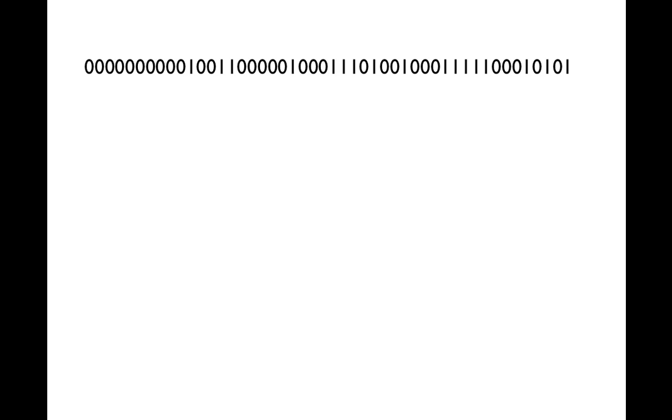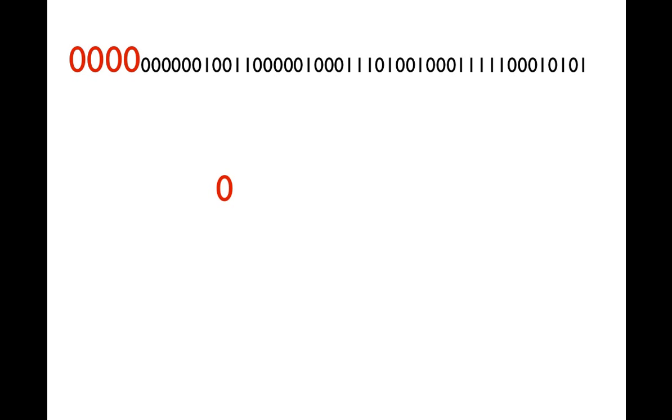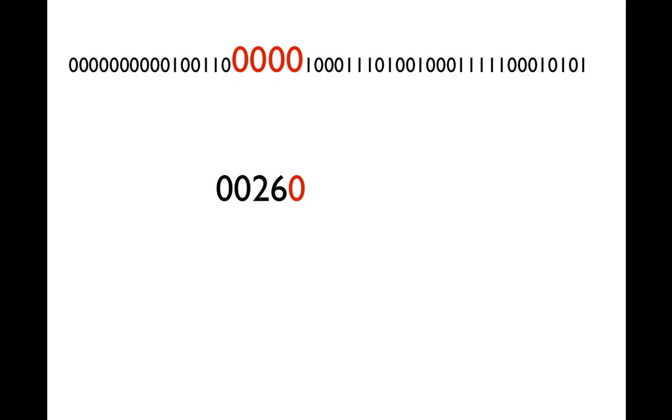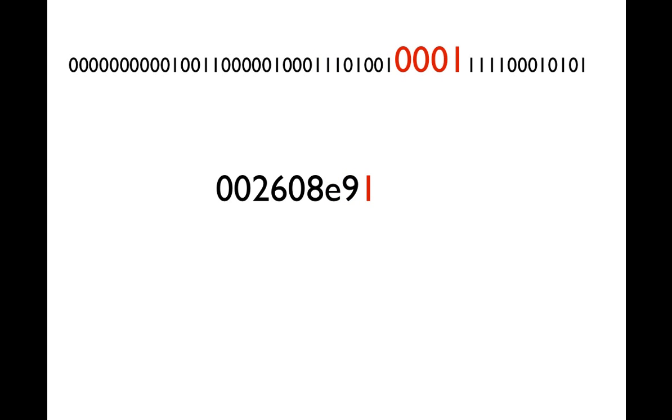So when reading that number in a hexadecimal equivalent, starting from left to right, we would read them in 4 bits apiece. 0, 0, 2, 6, 0, 8, E as in Echo, 9, 1, and because those are all 4 ones there, it would be an F, because F is always 4 ones, 1, and then finally 5.